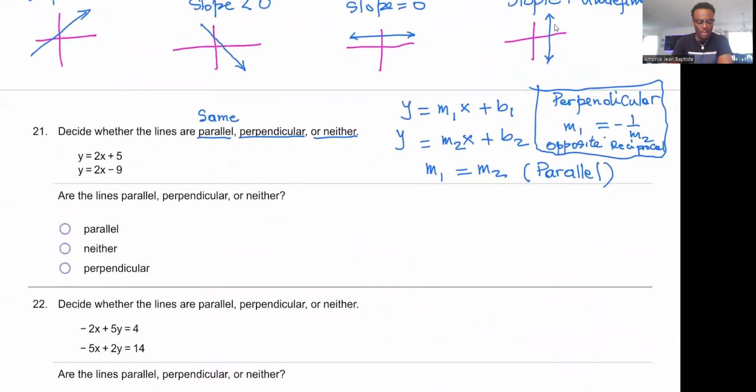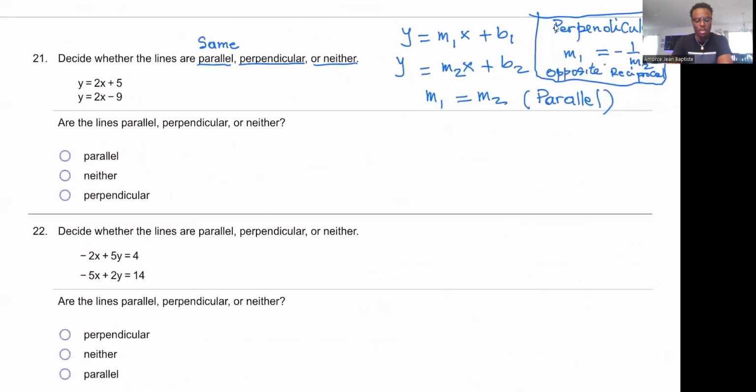And talking about the types of slope, in the new set of problems we will be using the slope to identify whether you have parallel lines or perpendicular lines. So same slope determines that the lines are parallel.